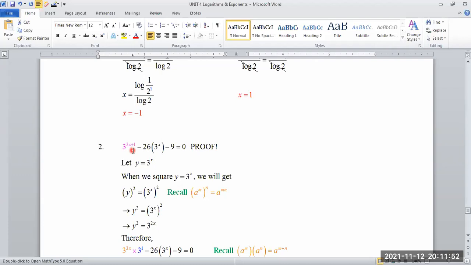Sir, one question. When we do these problems, I always try to get the first part equal to the second part.